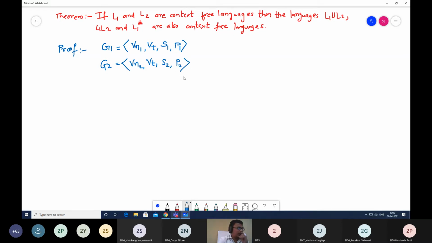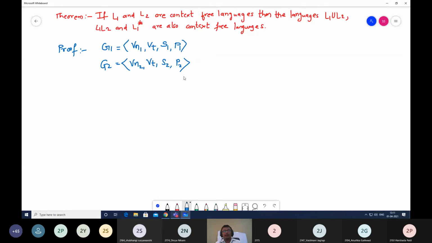What we should understand here, students, is that VT is the same. You can relate this VT to your alphabet. In order to make union, concatenation and Kleene star over the languages, they should be working on the same alphabet. In the context of grammar, they should be working on the same terminal symbols.